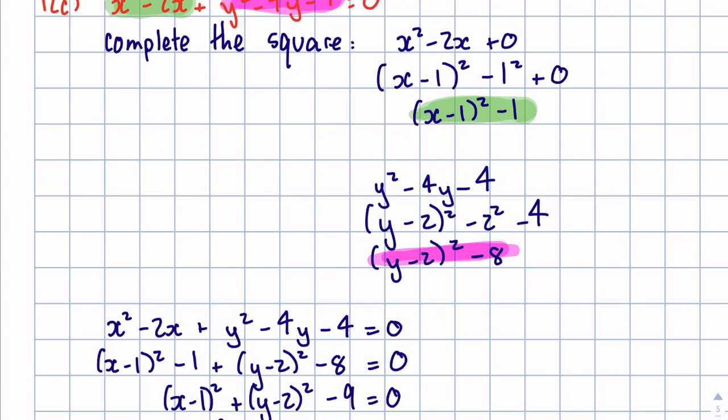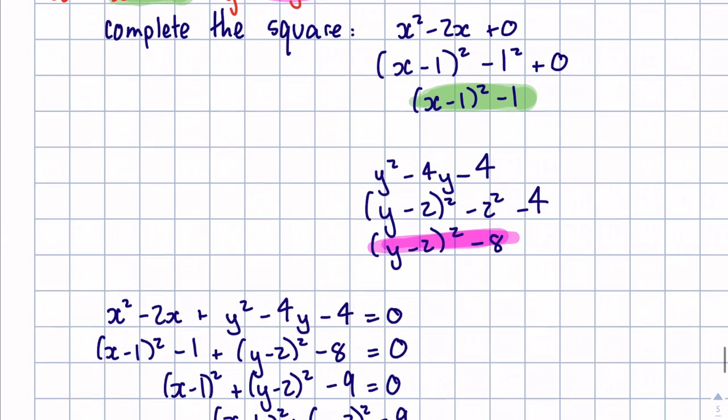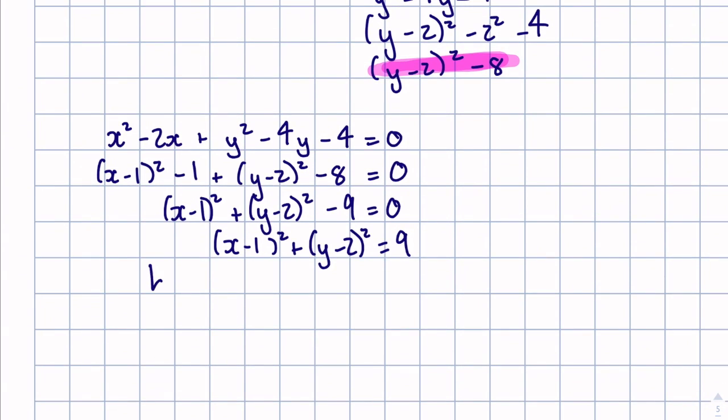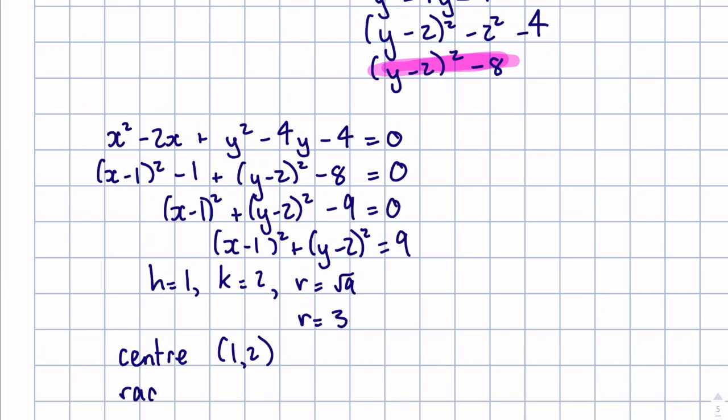So I've got (x minus 1) squared plus (y minus 2) squared equals 9. So now it's in the normal circle form. Now I can say that h equals 1, k equals 2, r equals square root of 9, so r equals 3. So I can say the center is at 1, 2 with radius 3.